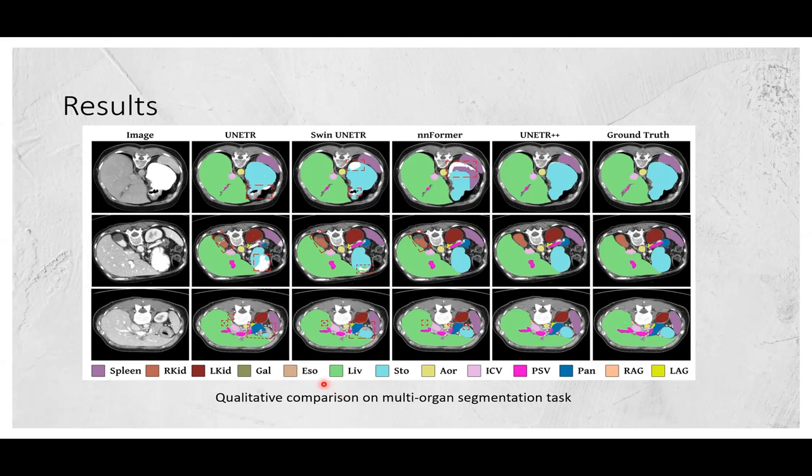For example, you can look at this white region that is mistakenly produced by UNETR, but UNETR++ doesn't have that issue. And also, if you wanna compare with nnFormer, you should look at this small region in the green area. This is a mistake by nnFormer, but UNETR++ is not creating that.